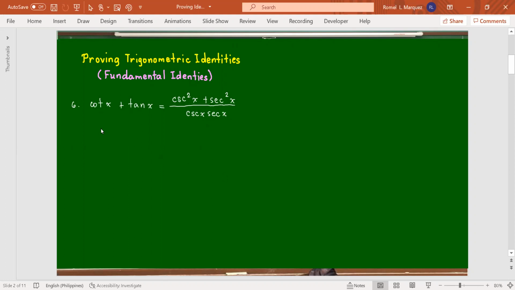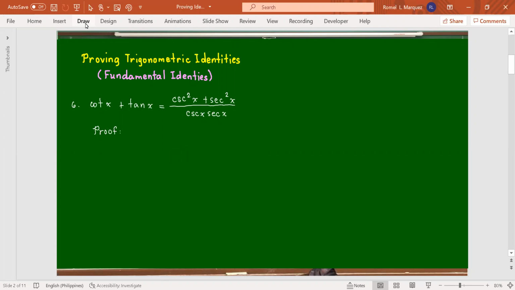Okay, so let's now have the proof. So again, we're asked to prove this identity working on one side only. I think it's better to work on the right side because the right side is the more complicated side than the left side.